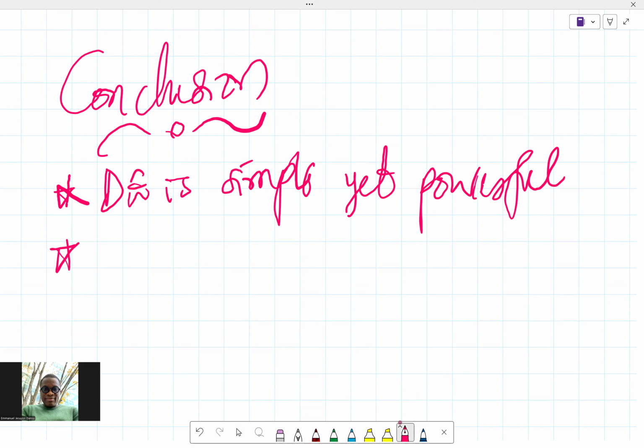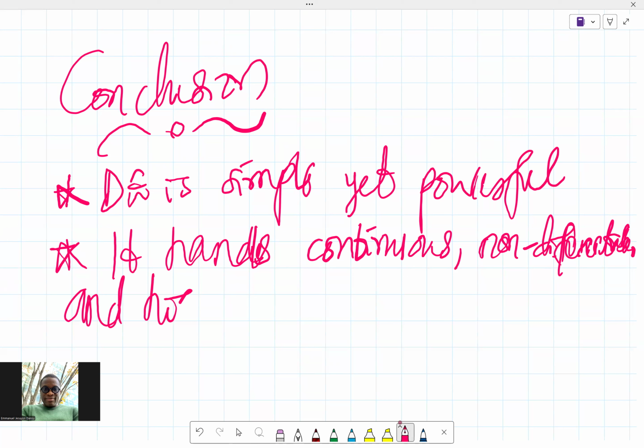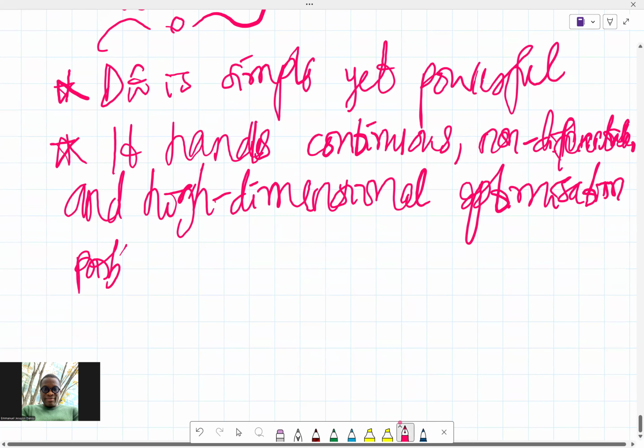So, like we know, it handles continuous, non-differentiable and high dimensional optimization problems effectively.